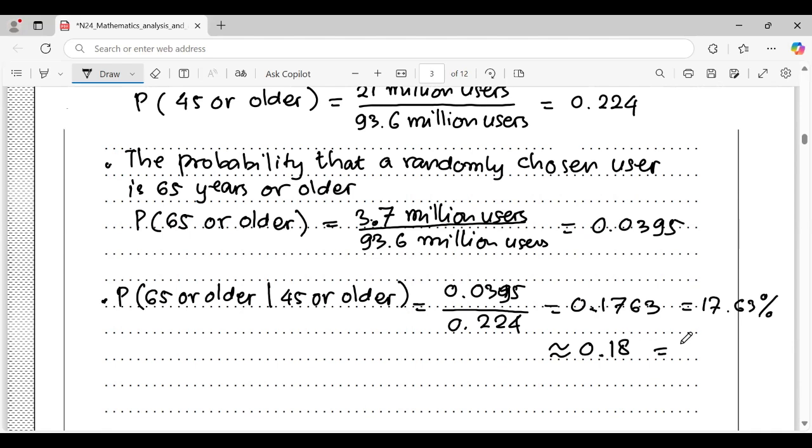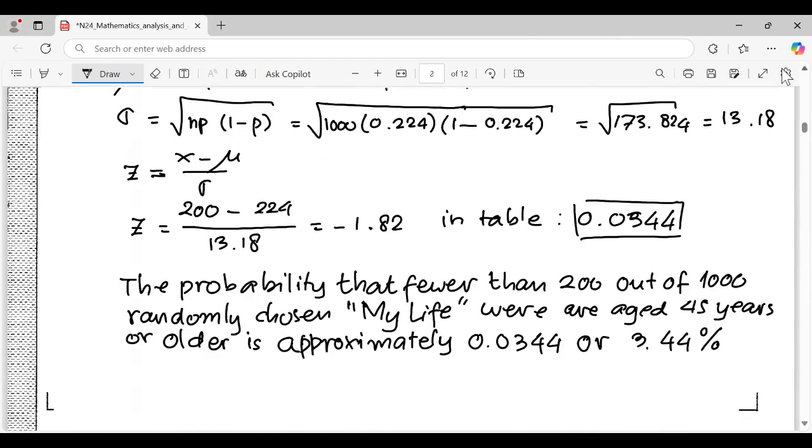Approximately, it becomes 18% after rounding.